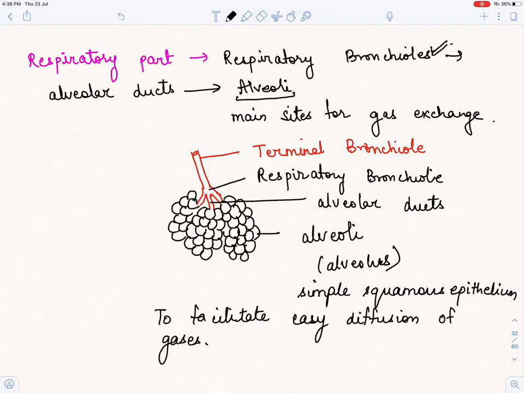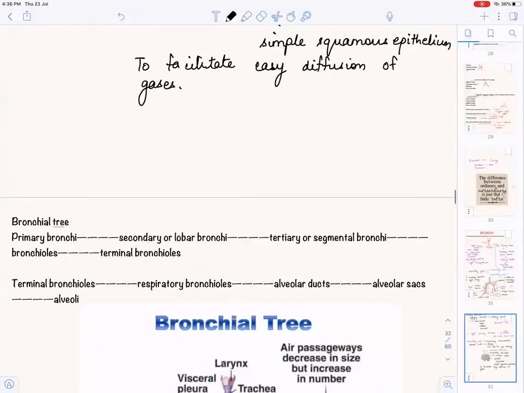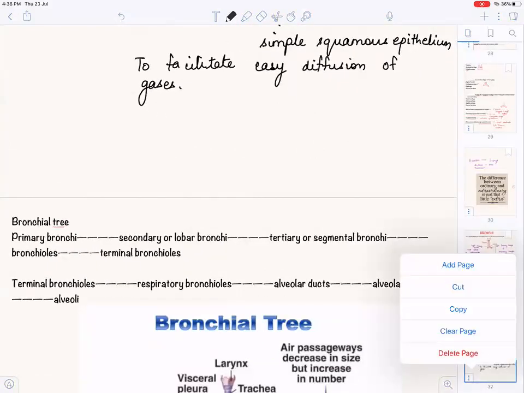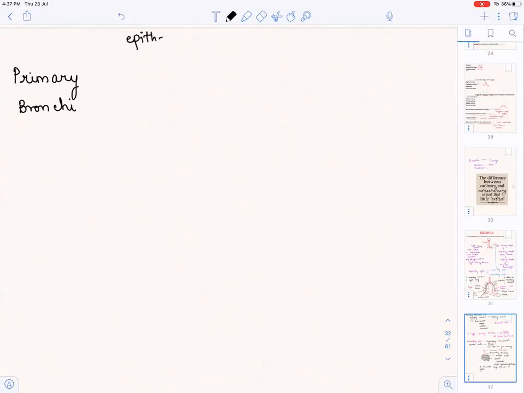Now we'll just revise once what we have done about the bronchi, and see a few points of difference if we can think of any. The bronchi start with the primary bronchi. What kind of epithelium do you think it will have? Will it have cilia?